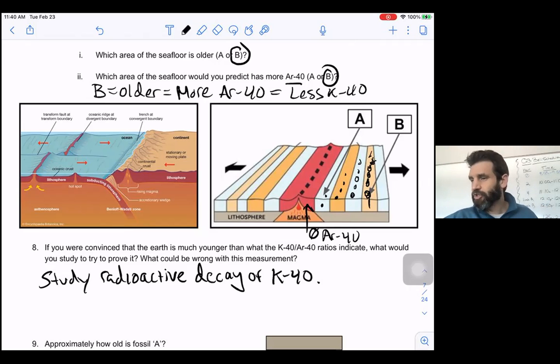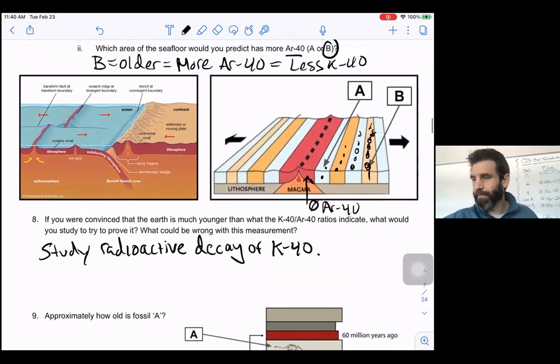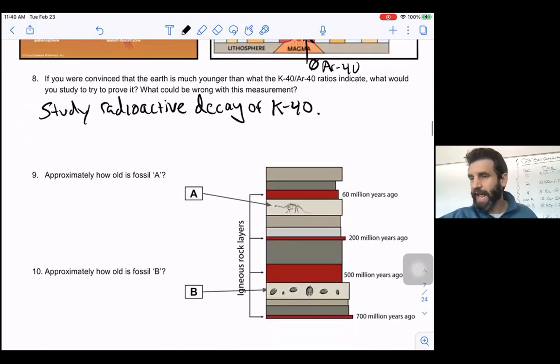Okay, so what scientists do is, this method of identifying the age of rocks doesn't get you the exact age of a fossil, because fossils are laid down in what we'll learn later is called sedimentary rock.